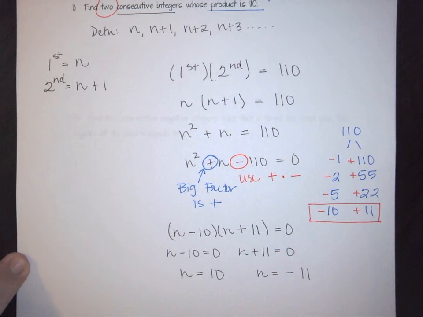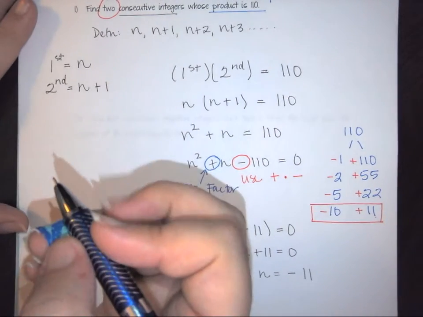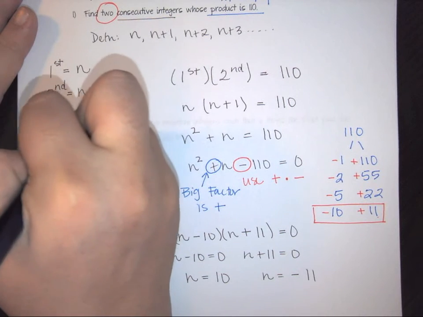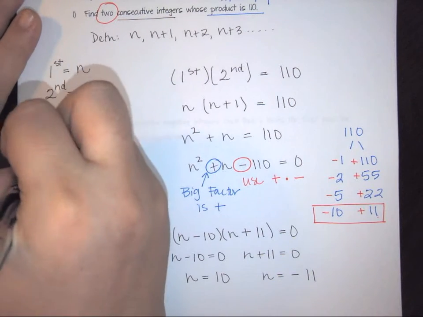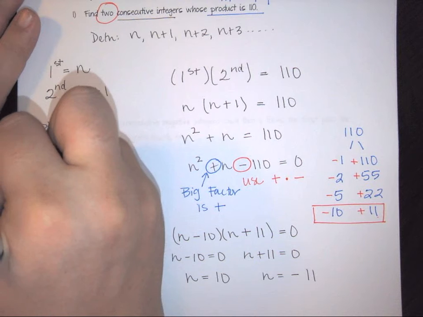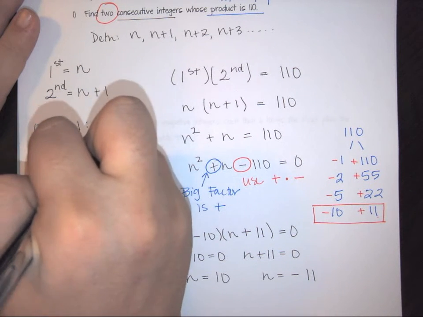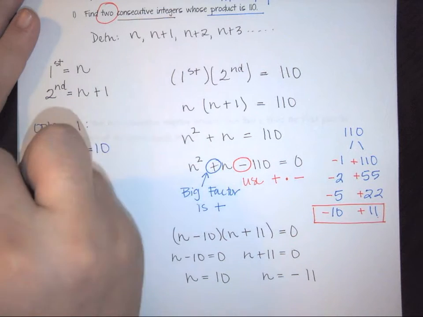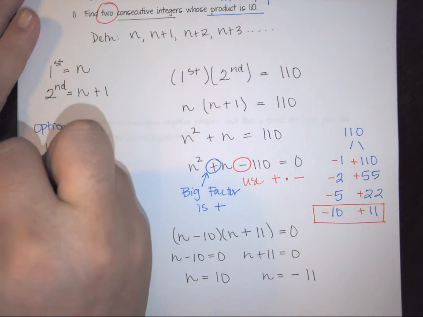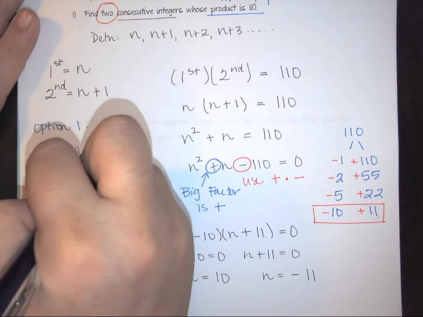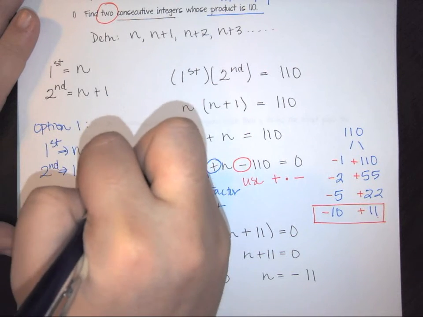Well, I have to look at them both. So, first of all, option 1. Option 1 says if my first number is that n equals 10, then my second number is going to be 10 plus 1, which equals 11.